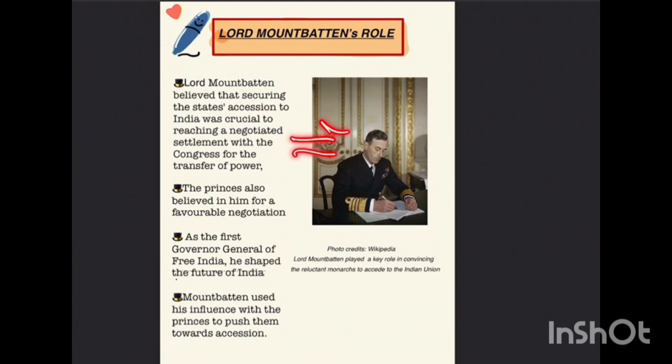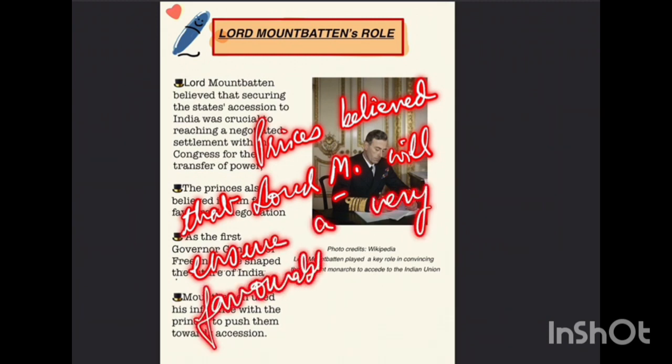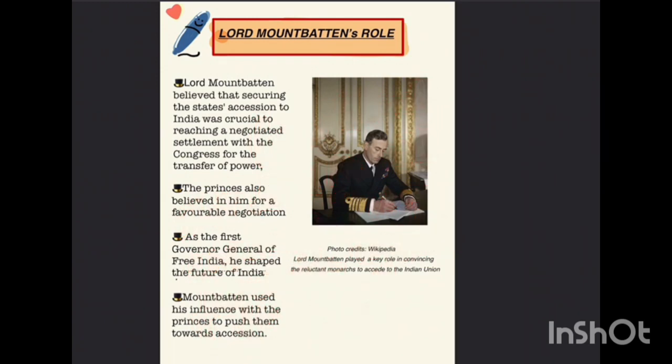One more thing that went in his favor was that the princes also trusted him. They believed that Lord Mountbatten would ensure a very favorable negotiation for them. Eventually, it was the critical role played by Lord Mountbatten that helped ease the process of transition and the accession of the provinces and the states into the Union of India.